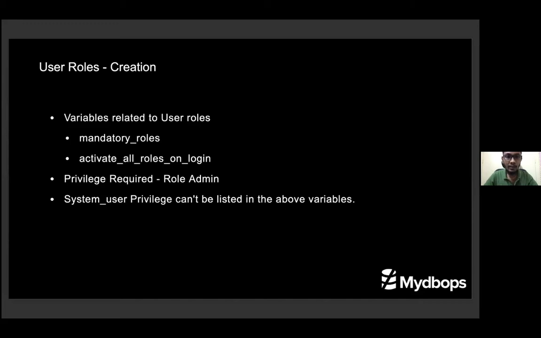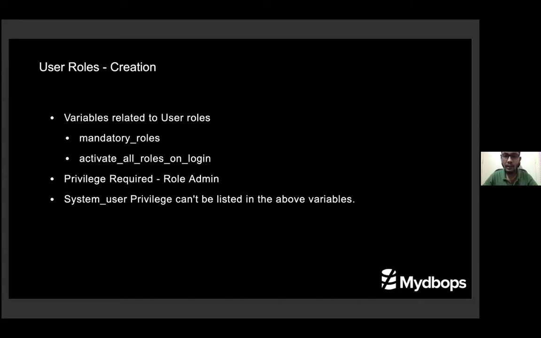So let's see about mandatory_roles and activate_all_roles_on_login. Mandatory roles means we can give some specific roles. Consider that for all users on this instance, any user can read any data.